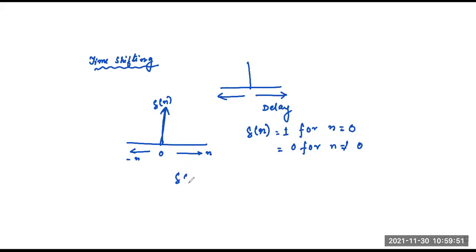Now what will be delta n minus m? That means it has been shifted by m units. So this is the first position and now this is the m position. So now the signal will be starting from here. This is the m. This is positive.